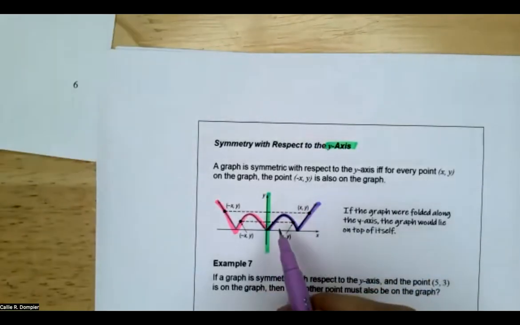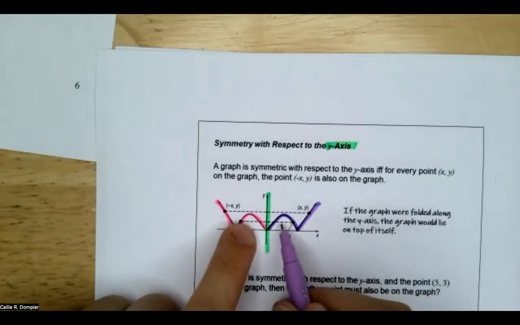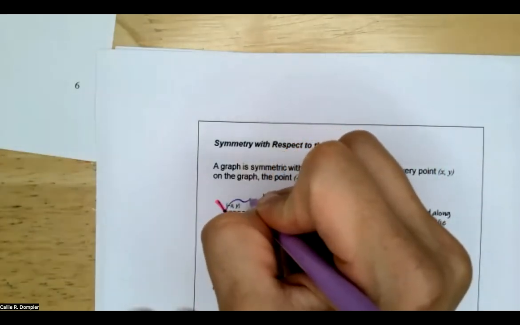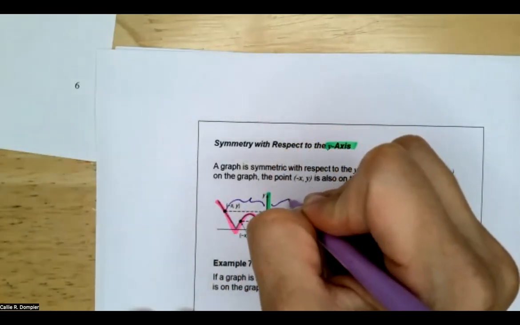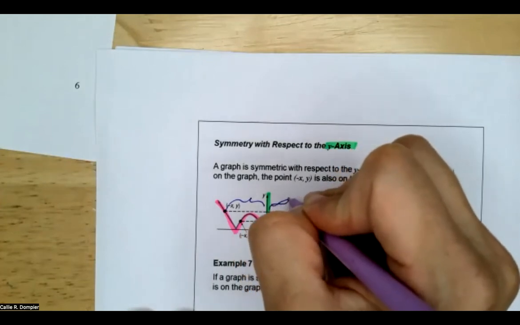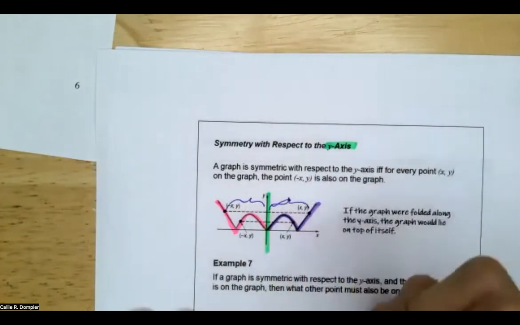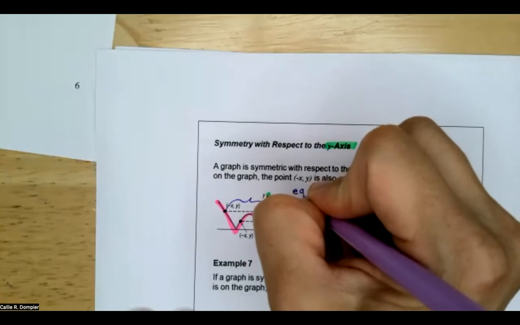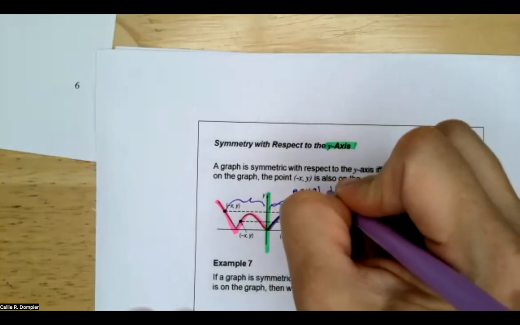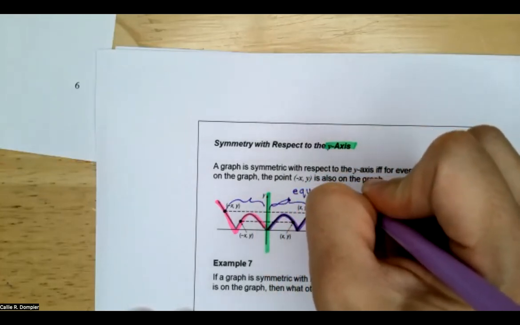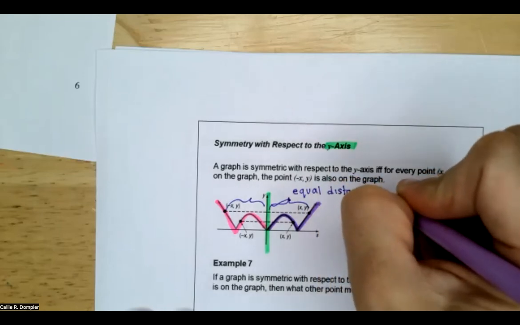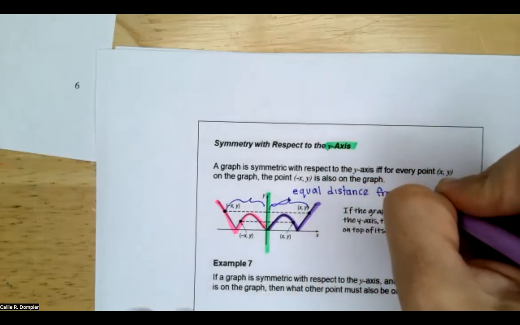Here, if you think about distance, we're taking the distance of each point from the y-axis. So equal distance on both sides from the y-axis.